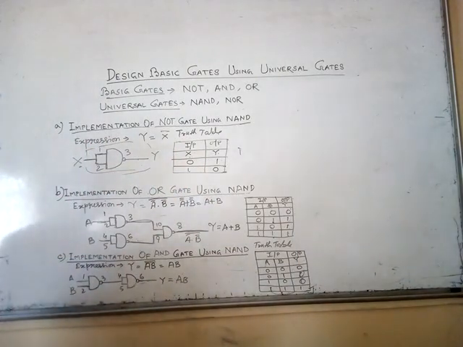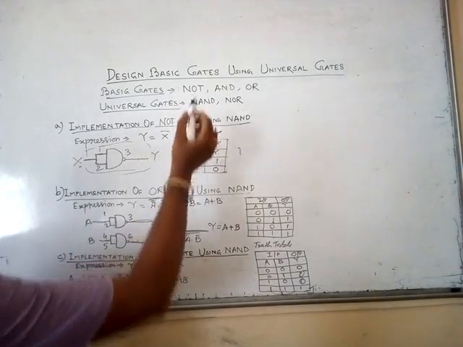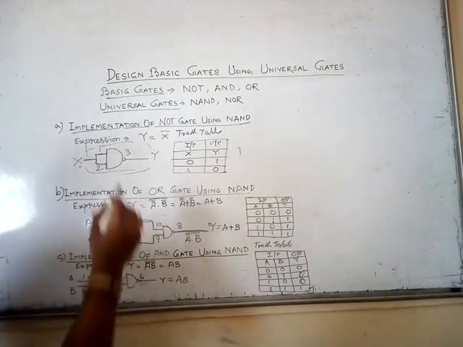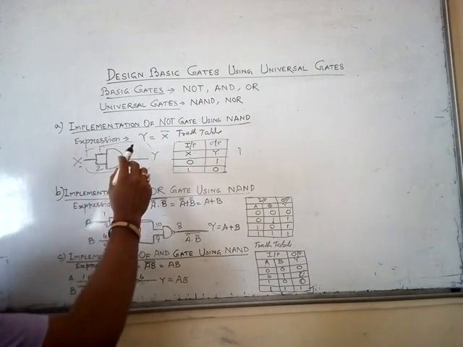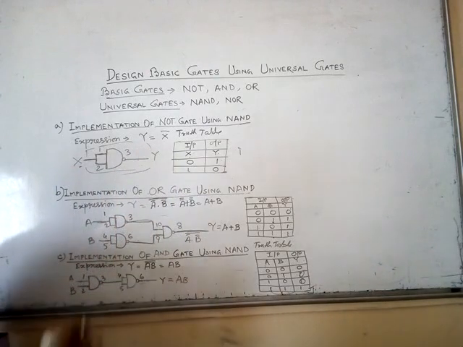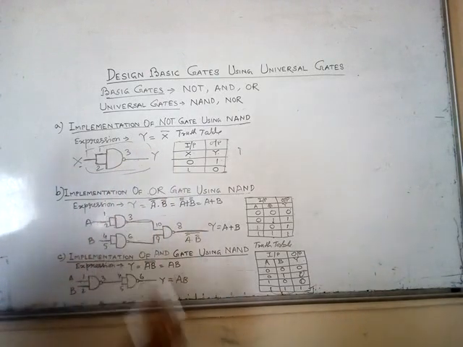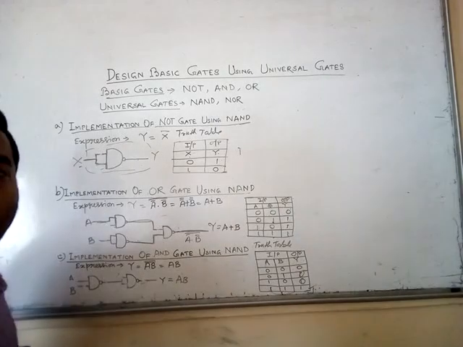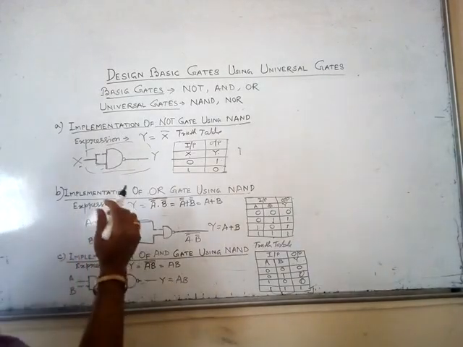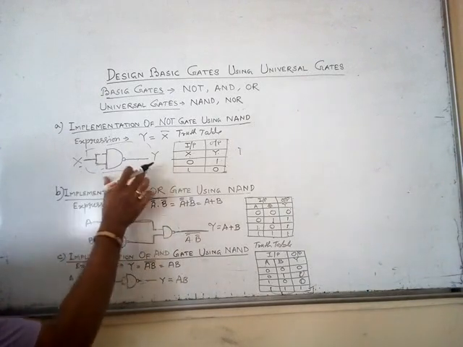So now we go to the experiment. First of all, we design NOT. Implementation of NOT gate using NAND. So here is the expression Y equals X bar. Okay, first of all, we see the circuit.